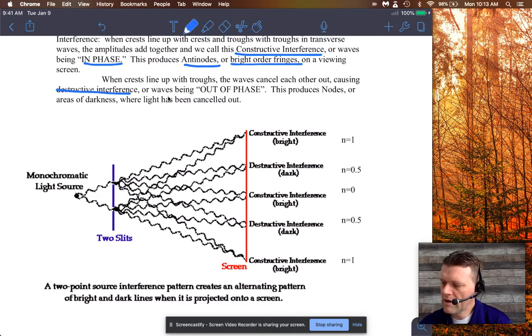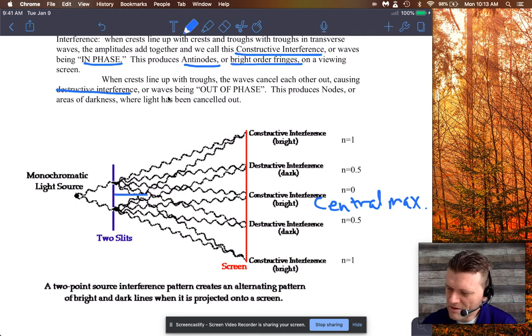And you might recognize even from the video, this middle one was called the central maximum, because right there is where you'd get the brightest line. It's typically right between where the slits were. If you go right behind the slits, right in the middle of the slits, where there really shouldn't be any light if it was a particle, there is a central maximum.